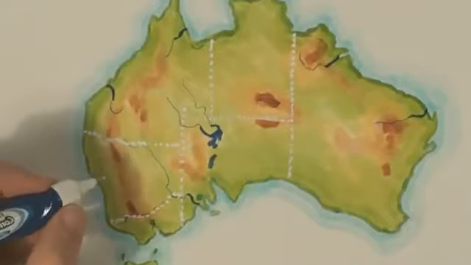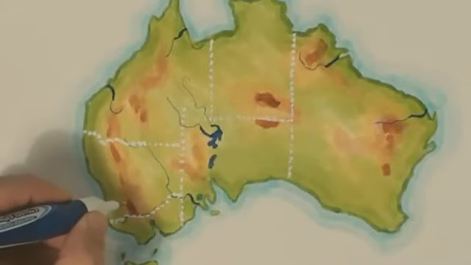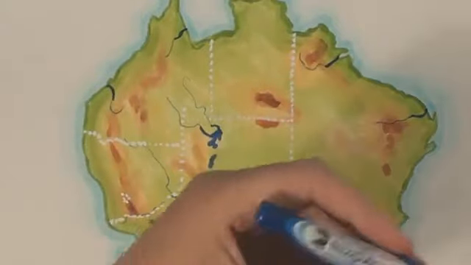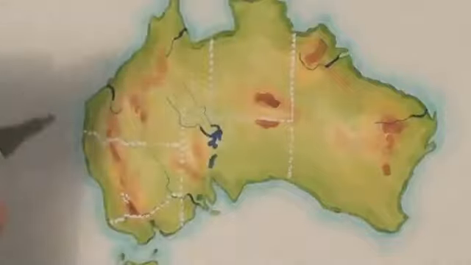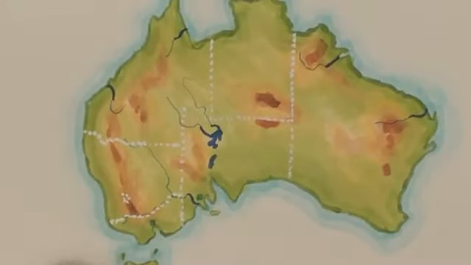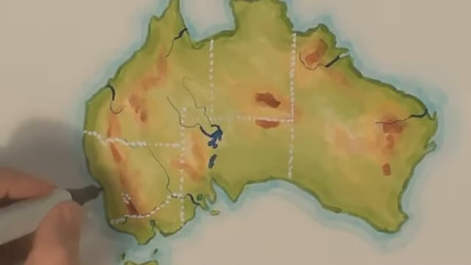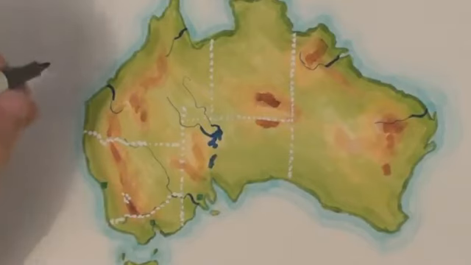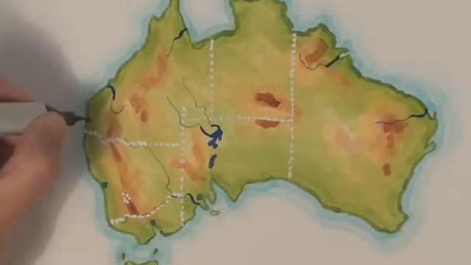Forgot the Australian Capital Territory. And we have Hobart, Tasmania, and we have New South Wales, Brisbane, Queensland. So all these capitals are quite close to this southeastern corner of the country.